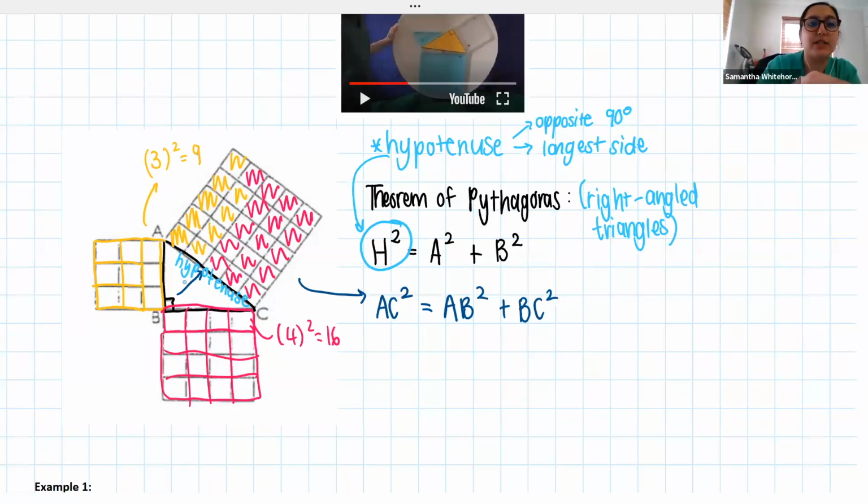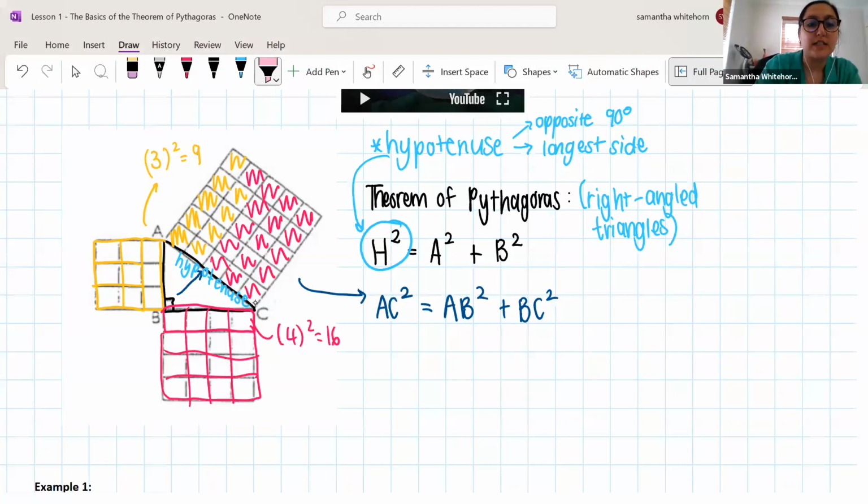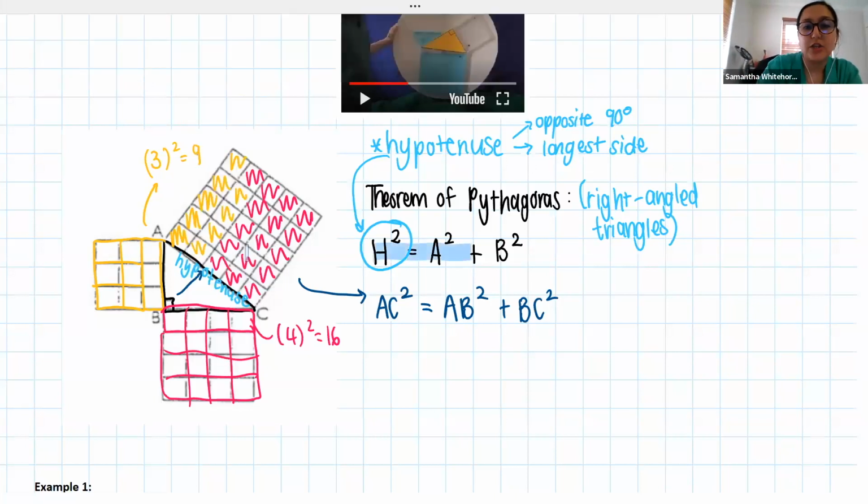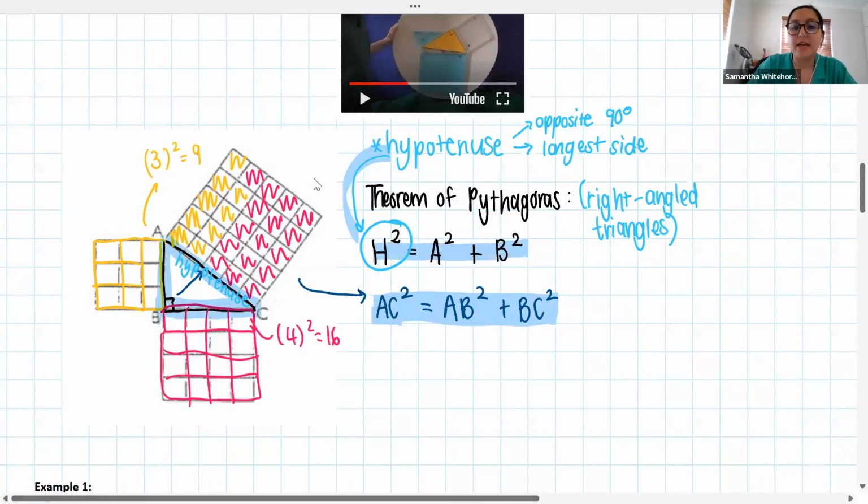And that is what I have written twice as both h squared equals a squared plus b squared, h being hypotenuse, as well as if we relate it to the triangle, AC, which is our hypotenuse, is equal to the two other sides squared and added together, AB squared plus BC squared. And that is what Pythagoras is and what we do with it.